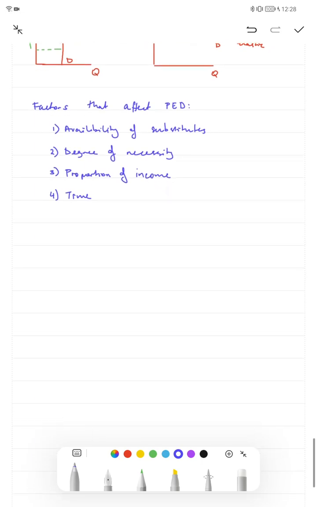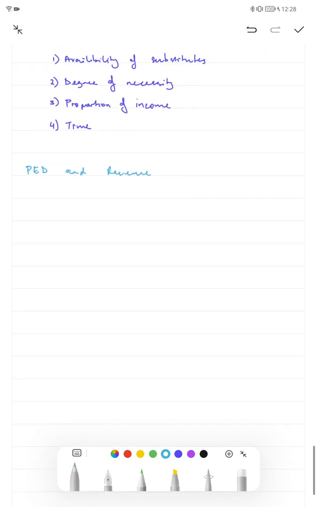The reason that PED is interesting is because you can look at the PED and revenue. We already know that the revenue is the price times the quantity. So as a company, if we were to look at changing our price, I'm going to give two very basic examples.